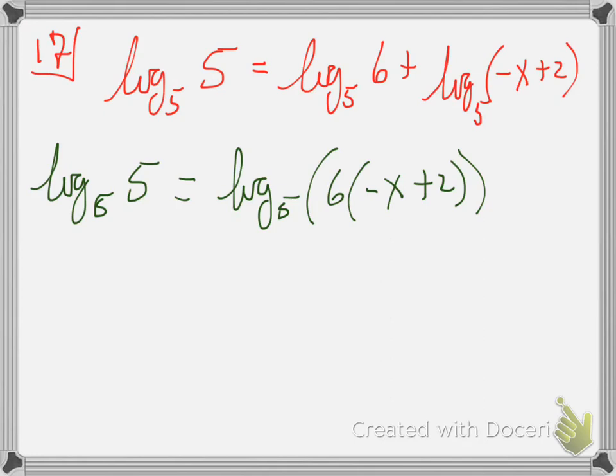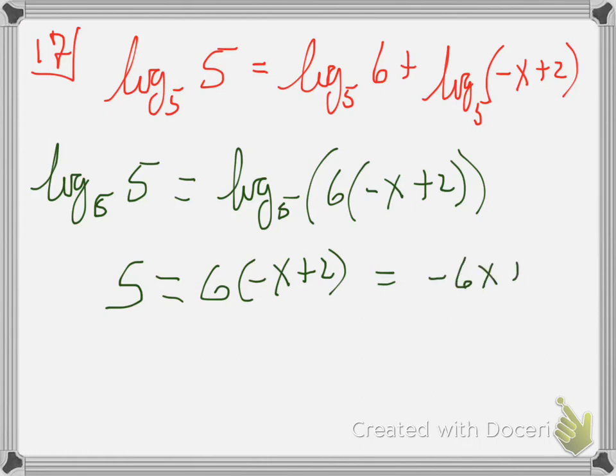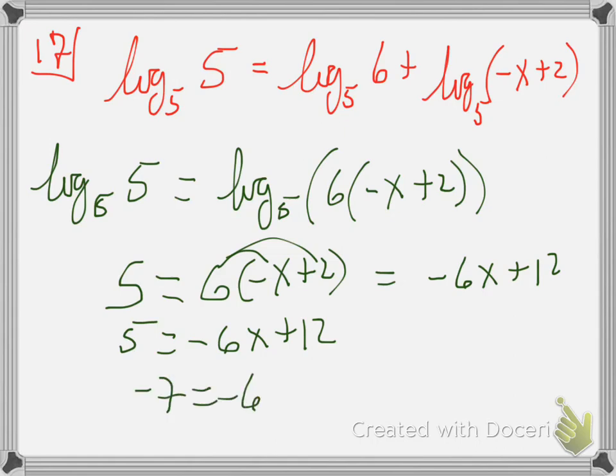The logs are the same, they're the same base, so that tells me that 5 needs to equal 6 times negative x plus 2. We do that distribution and we get negative 6x plus 12. So 5 then equals negative 6x plus 12. If I move the 12 over, I get negative 7 equals negative 6x. So x equals 7 over 6.